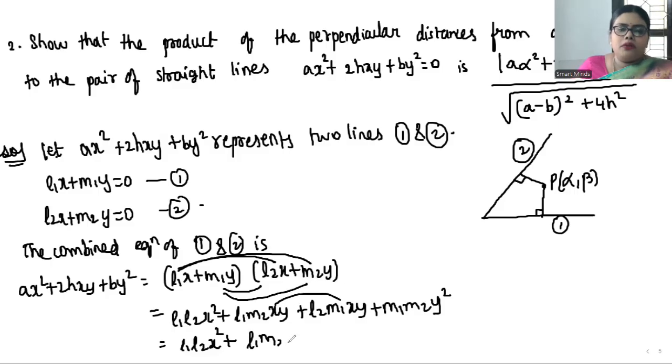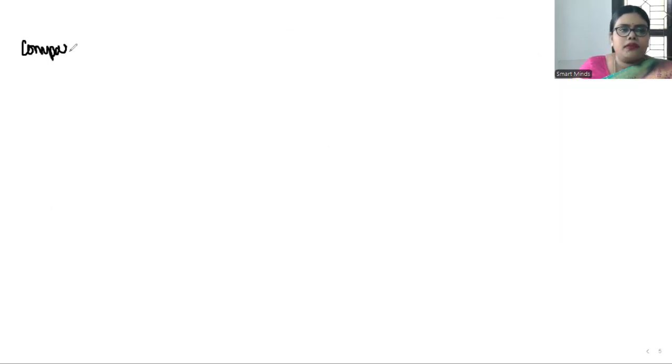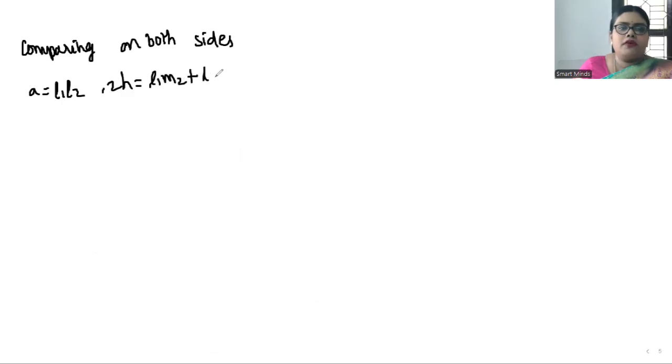So (L1 M2 plus L2 M1) into xy plus M1 M2 y square. Now comparing on both sides, you will get A is equal to L1 L2, 2H is equal to L1 M2 plus L2 M1, and B is equal to M1 M2.